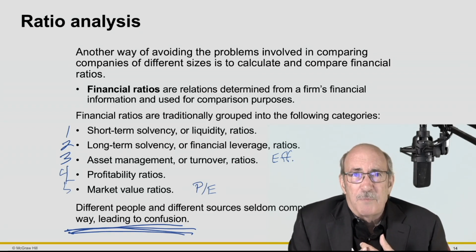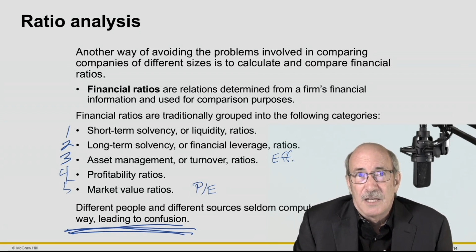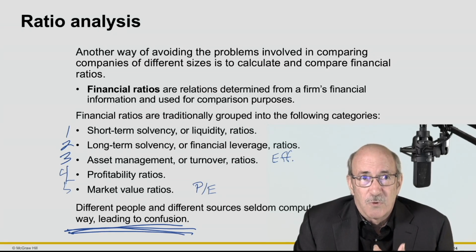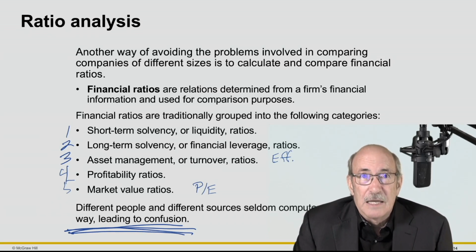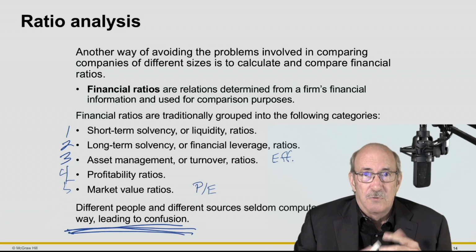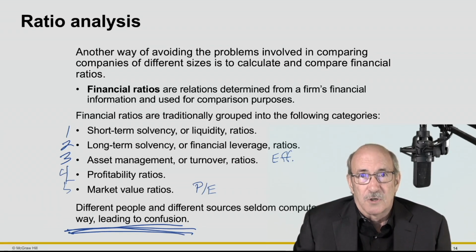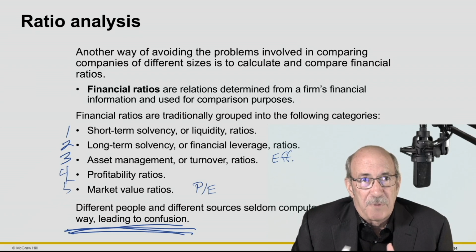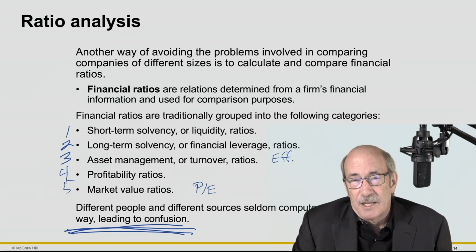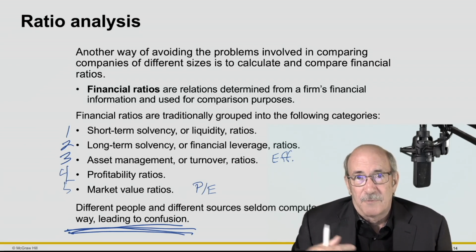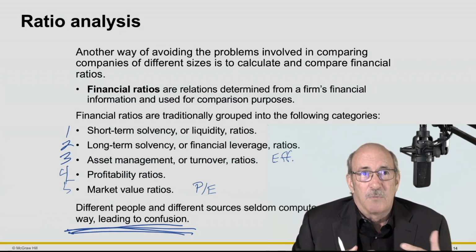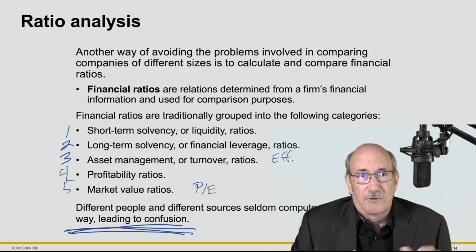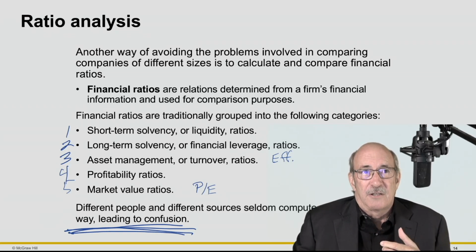The other thing to keep in mind when it comes to these ratios is that if we are using ratios that are pre-calculated by Yahoo Finance or Zacks or Bloomberg, my preference is to always go back to that same source. So if I'm comparing 5 different companies, I don't want to get some of the data off of Yahoo and some of it off of Zacks and some of it off of Bloomberg. I want to get all of the same ratios from that same source, because then they're calculated in the same way.